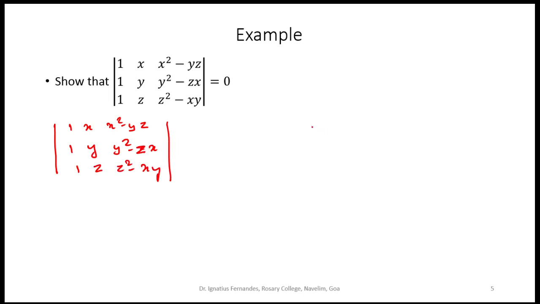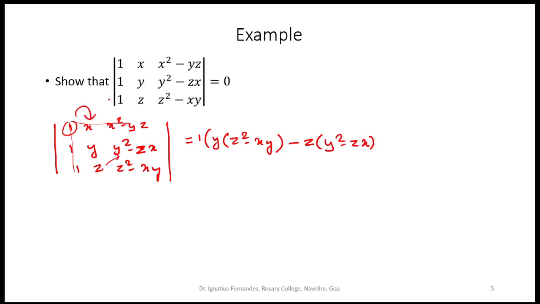Okay, so I can simplify it as per how we solve a determinant. I'll start with the first element, 1 into, taking out the respective row and column, y multiplied by z square minus xy, minus z multiplied by y square minus zx.